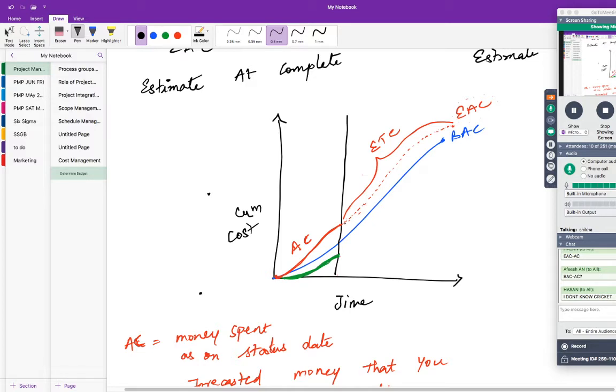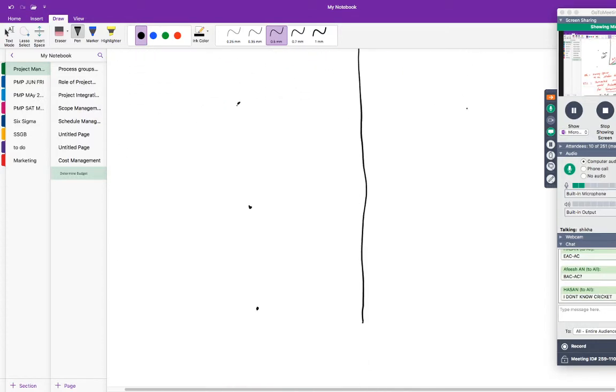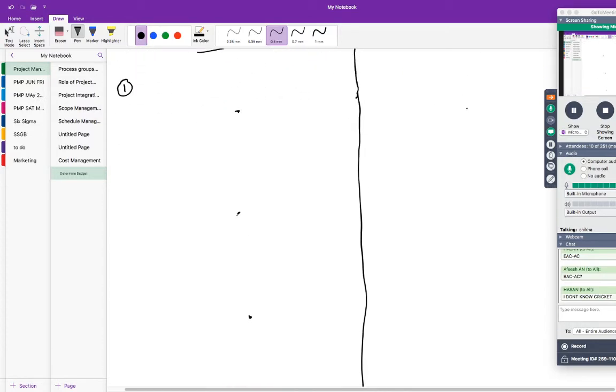Which means I have assumed that you will go in the same fashion. So in this case, what are you assuming? Your present CPI will be the CPI for the rest of the work. That's the meaning of it, right? Your present CPI is the CPI for the rest of the work. So that's your first assumption. Assumption number one, you will continue at the present rate.